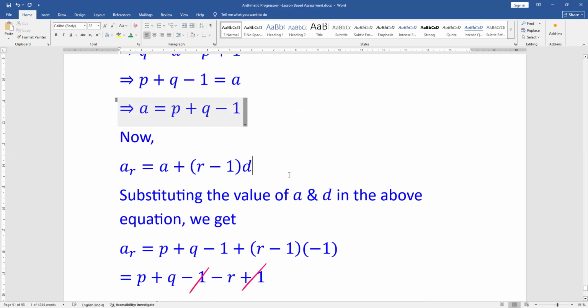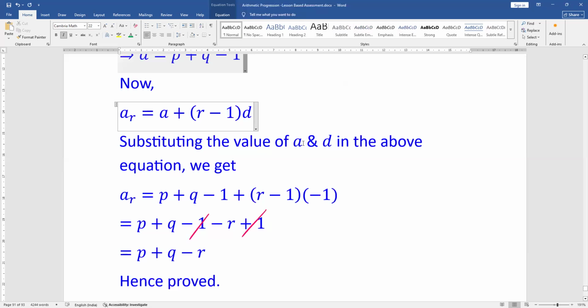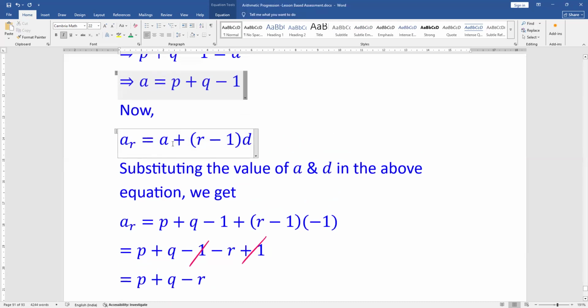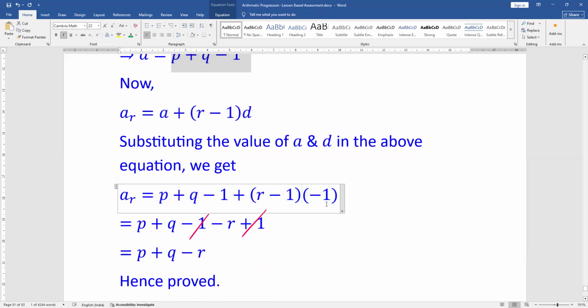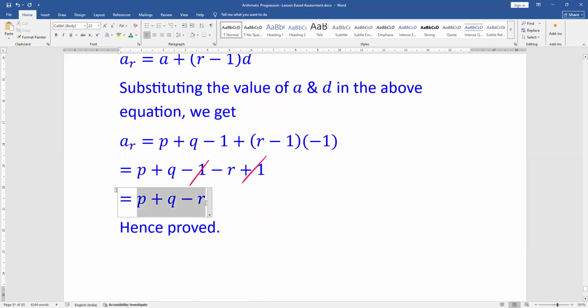We need to prove that AR is what is mentioned in the problem. So take AR and substitute the values of A and D in that equation. What is the A value? It is P plus Q minus 1. And what is the D value? It is minus 1. So just substitute it and finally we get P plus Q minus R, and hence proved.